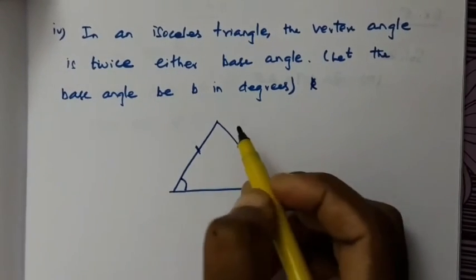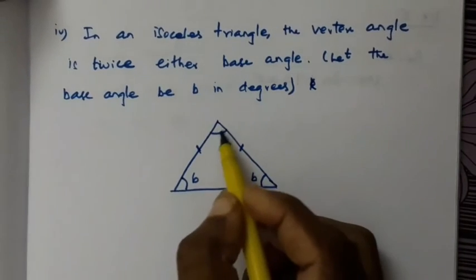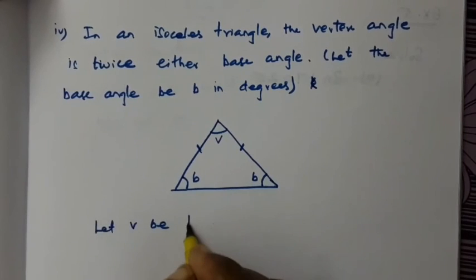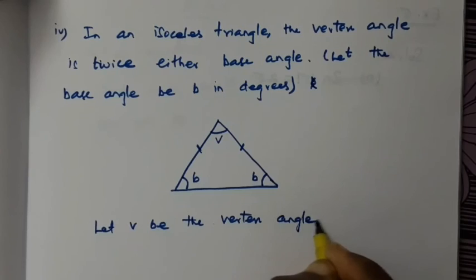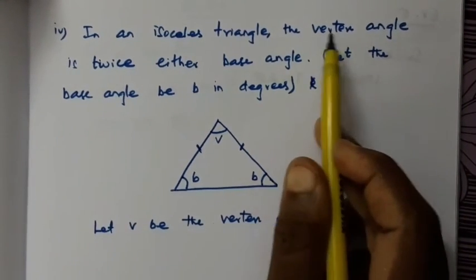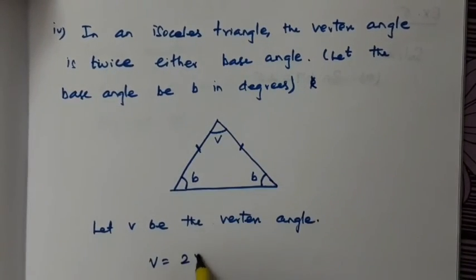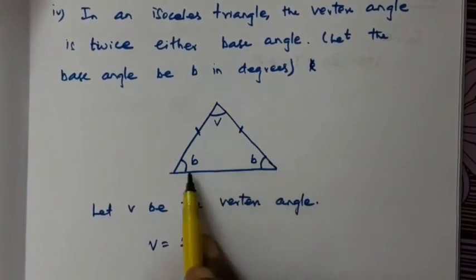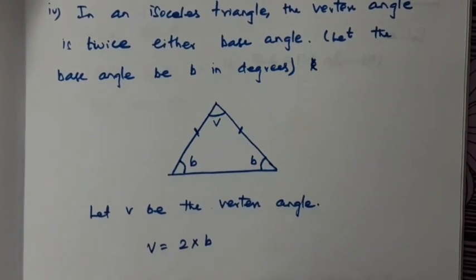Here let the base angles be B and B, and let V be the vertex angle. The vertex angle is twice either base angle. Since both base angles are the same, we can write V equal to 2 multiplied by B.